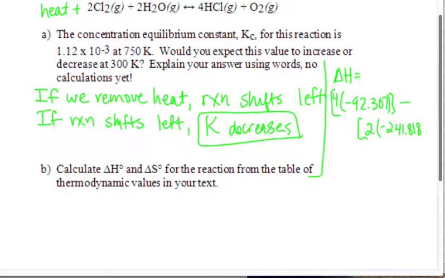Is it 241 or 214? Okay, so this will come out to be what in kilojoules per mole? Got to make sure to do this right because it could affect our final prediction, and I don't want to get that wrong.